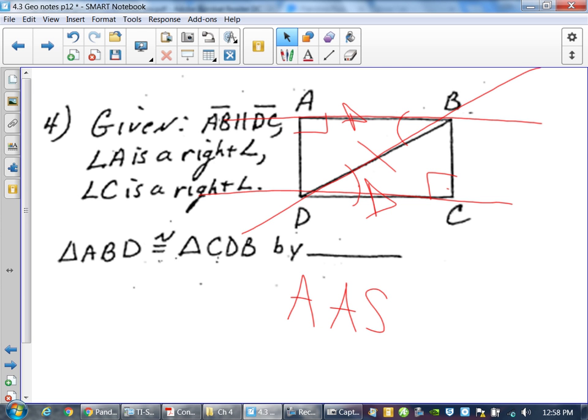Yes, ma'am? So when you have the line in the middle, how are you going to know if you have the two angles that you drew on? Good question. What happens here, if you go back and let's say you're trying to think maybe these would be the same. In order for this side to be the same, wouldn't that angle have to come all the way back to here?